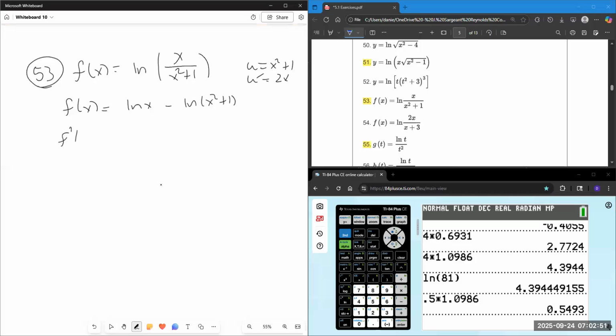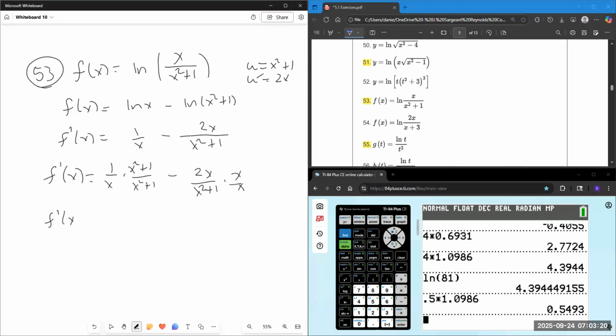F prime of x is 1 over x minus 2x over x squared plus 1, nothing cancels here. I do need to make a common denominator, so f prime of x is 1 over x times x squared plus 1 over x squared plus 1 minus 2x over x squared plus 1 times x over x.